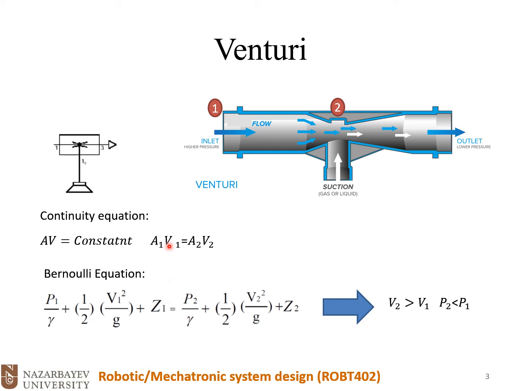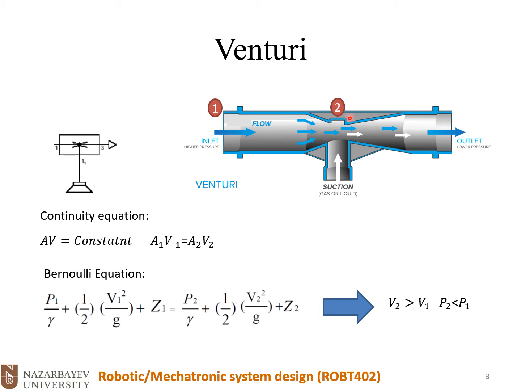Since based on the continuity equation we know that V2 is more than V1, we could conclude based on the Bernoulli equation that P2 is less than P1. So pressure at this section is less than the pressure at the input.